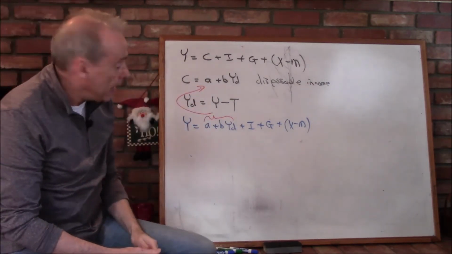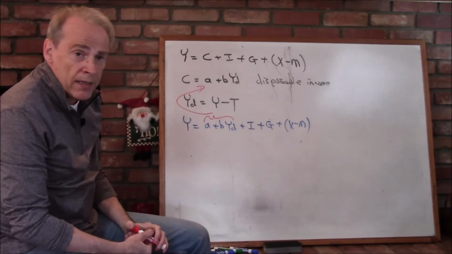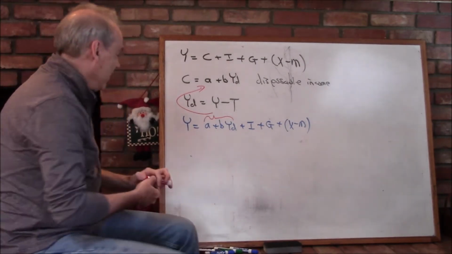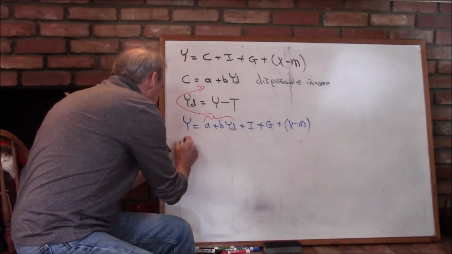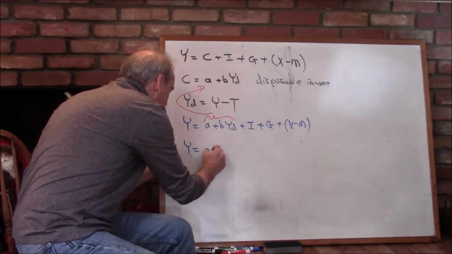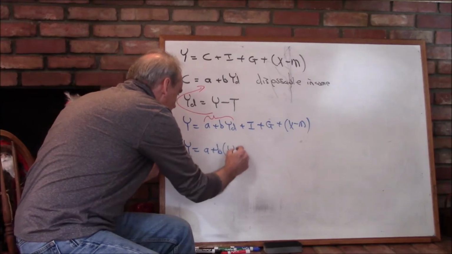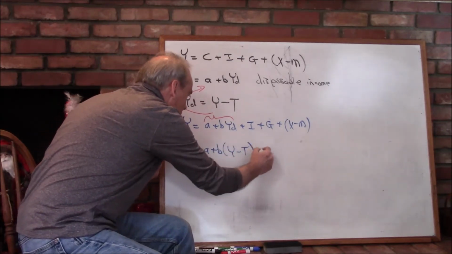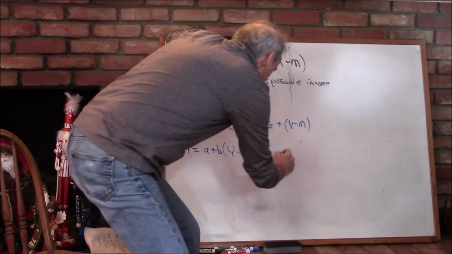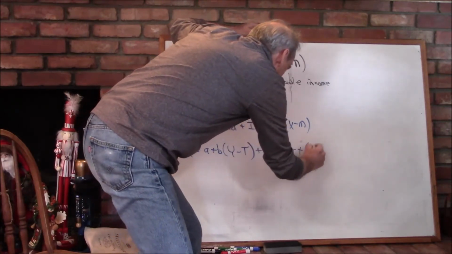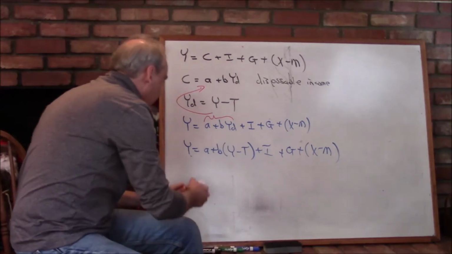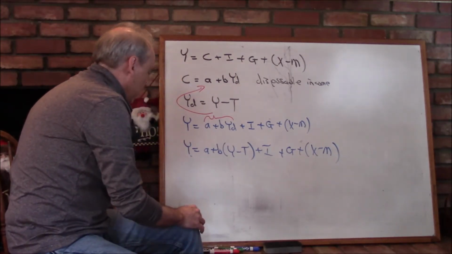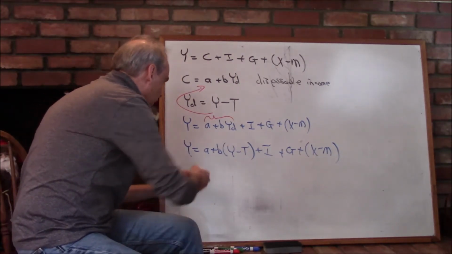Instead of C, I now have A plus B times YD. And guess what I do next? Y equals A plus B times (Y minus T) plus I plus G plus X minus M. So what I did next, let's see, I'll use a different color. I shall use horned frog purple. All right.